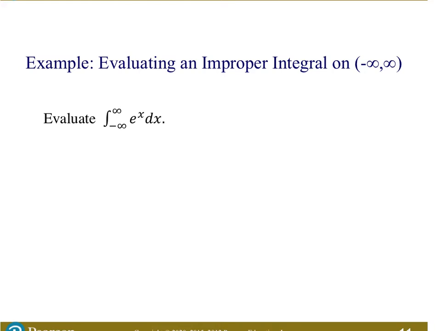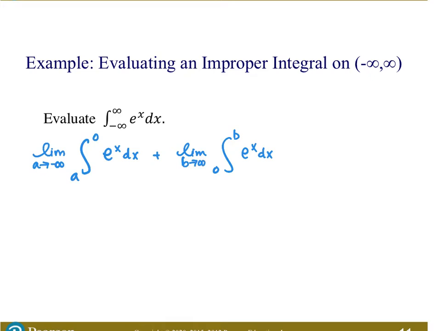So I am going to split this up into an integral going from a to 0 of e to the x dx. And I'm also going to split it up then from 0 to b, e to the x dx. And then my limit, a should approach negative infinity, and b should approach positive infinity.